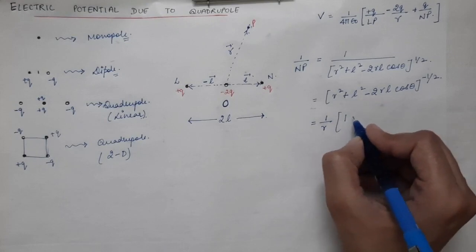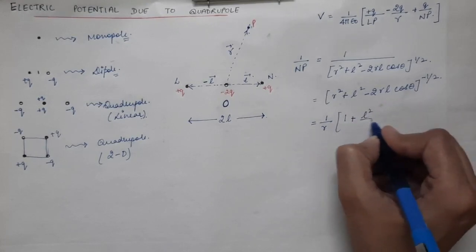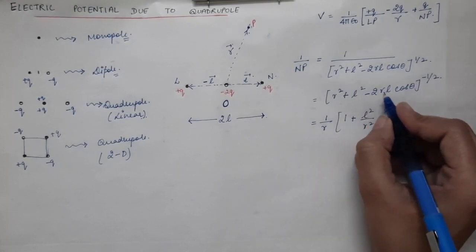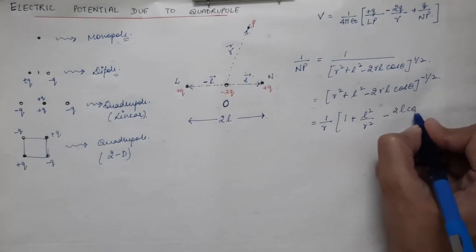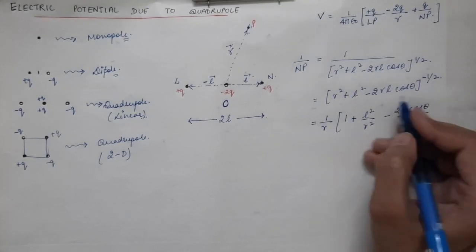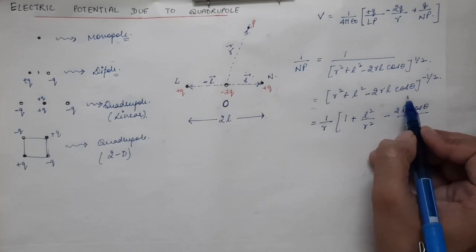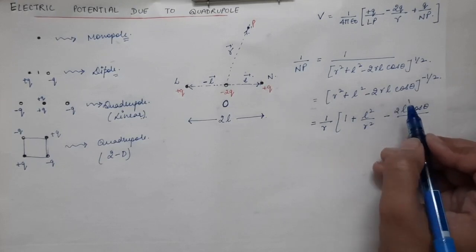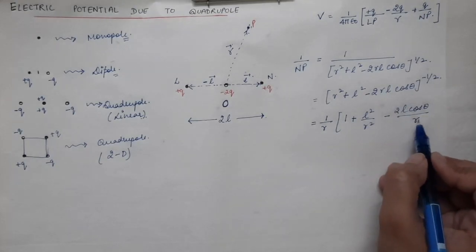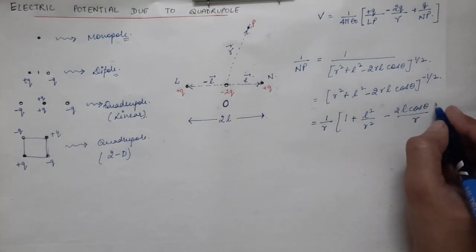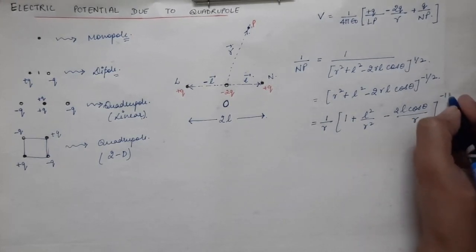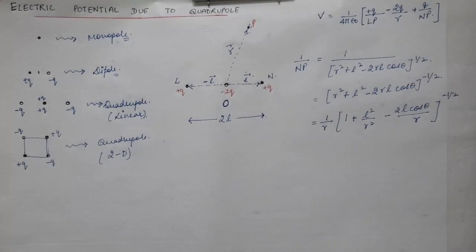The first term will become 1, the second will become L square by R square, and the third term will become 2L cos theta divided by R. So you will get R divided by R square, and R will cancel with one R in the denominator. So you will be just left with L cos theta by R in the third term, and power minus 1 by 2.